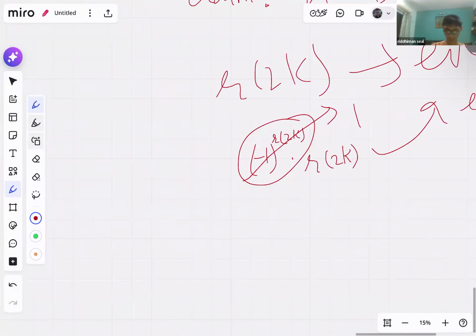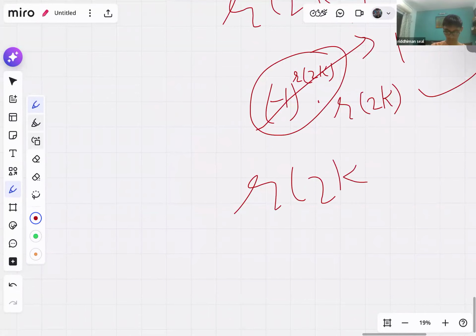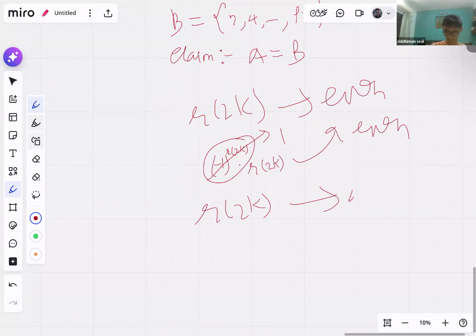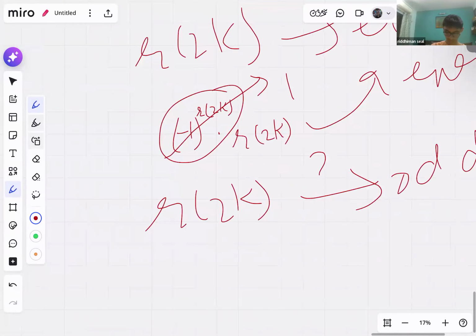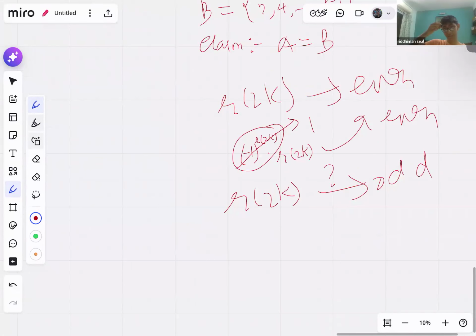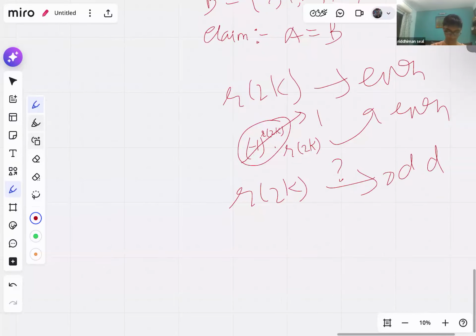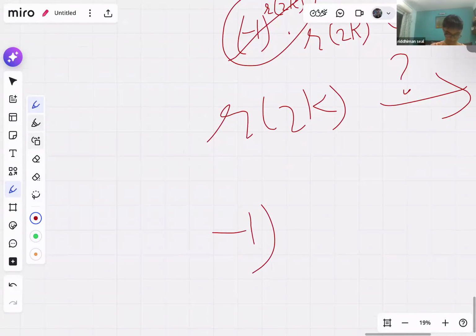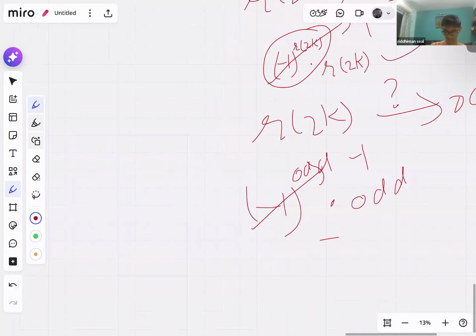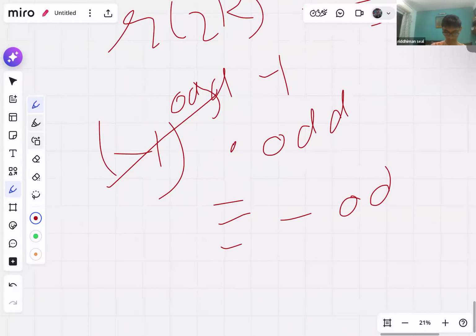And what about if it is odd? Then this thing is still even, because we have minus 1 to an odd power, times an odd thing. So this becomes a minus 1, so this is congruent to minus odd mod p.